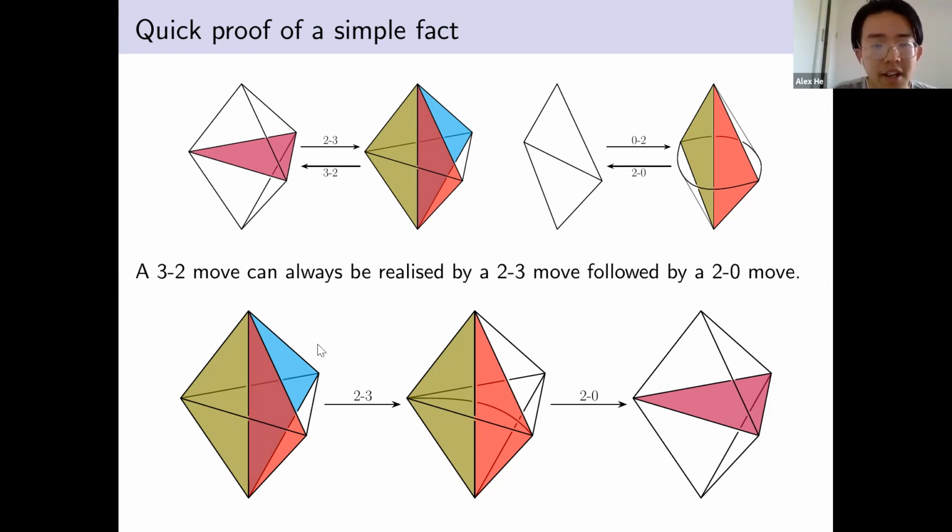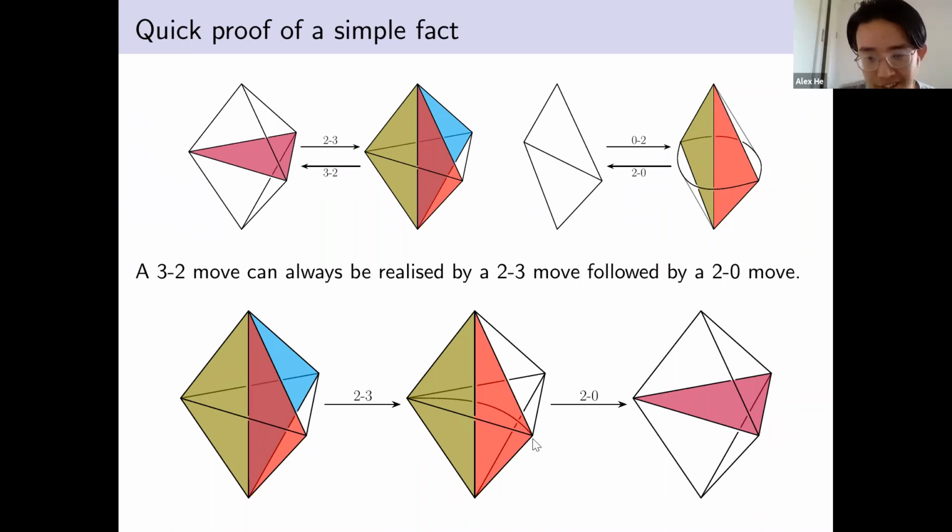So you have this triangle here, and you punch a new edge through that triangle. You've got this blue triangle at the back, and I punch a new edge through it, and that's the 2-3 move.